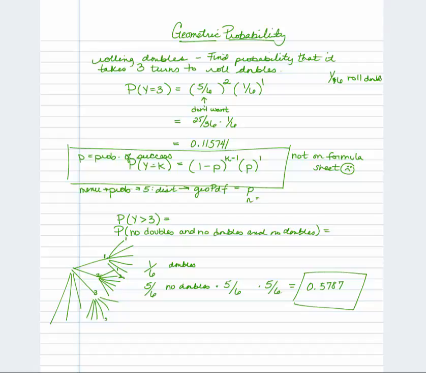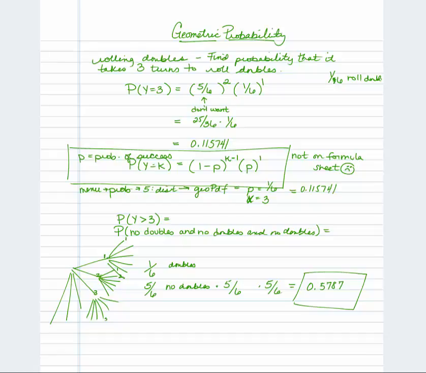Sorry, it doesn't say N, it says X. So I put in 1/6, and you can actually put the division symbol in there, and 3 for your X, and out comes the same answer, which is 0.115741.